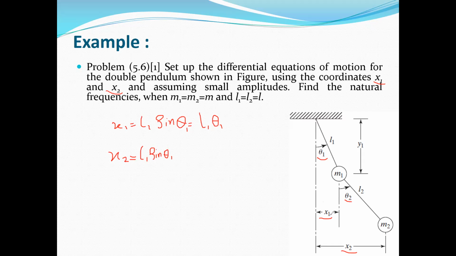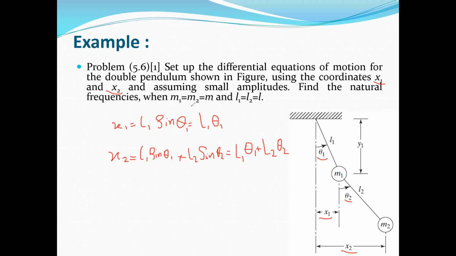Okay, this length for x1, x2 is equal to x1 plus L2 sine theta 2, or again, if theta 1 and theta 2 are small, it is equal to L1 theta 1 plus L2 theta 2.